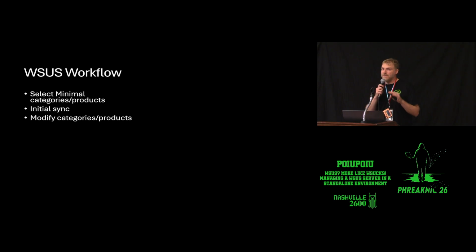It doesn't have Vista. What about Windows 11, Windows 10, Windows 7, Windows 8? It doesn't have any of that. So the initial thing is to configure minimal products, do the initial synchronization with Microsoft servers, then go back and modify these categories to what you really want.